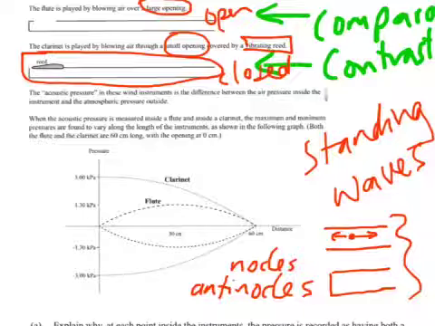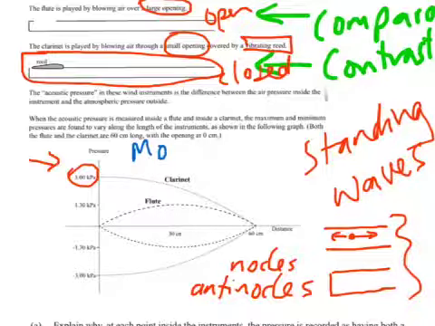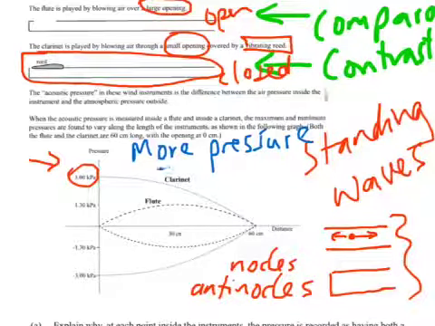Okay, so if we're looking at this pressure graph here, we could very quickly look at it and go, well, there's a maximum pressure. That means there will be an antinode where there's maximum movement, but it's actually the opposite, because if you think about it, the more pressure that you apply to the air inside the column, that would lead to less movement.